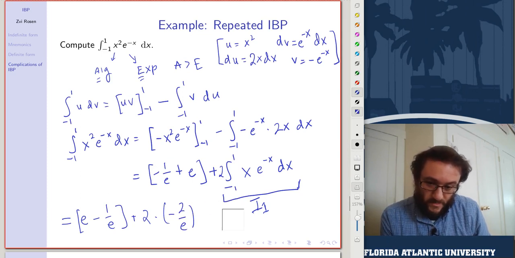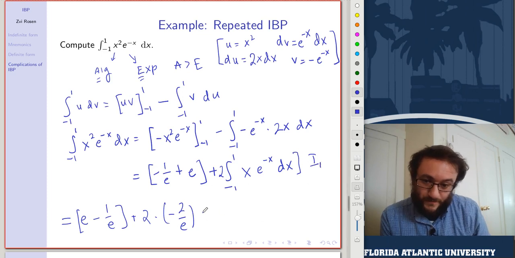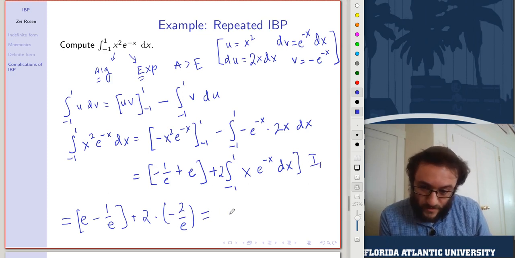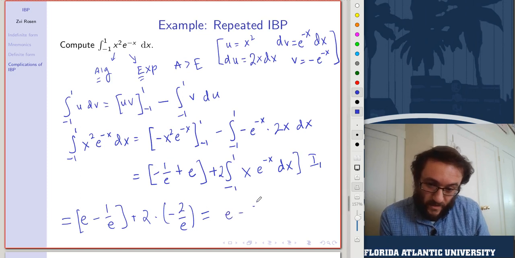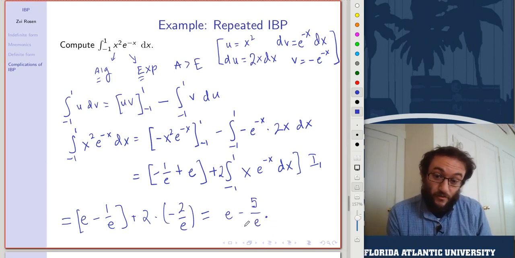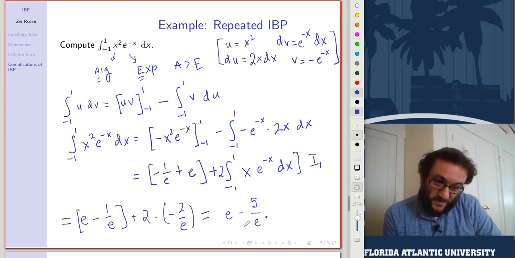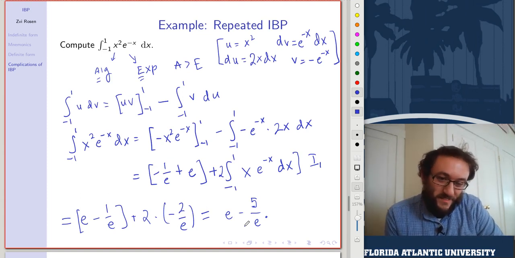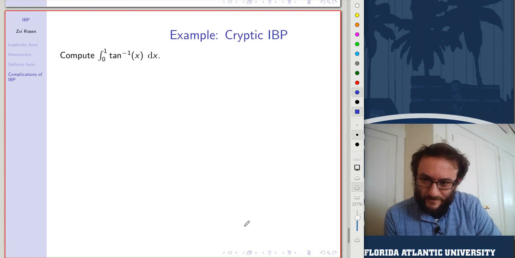So this integral is equal to e minus 5 over e. Okay, so that is our integral. These problems can be a bit long as a result of the repeated integration by parts, but it's totally correct. It's okay for it to take quite a while.